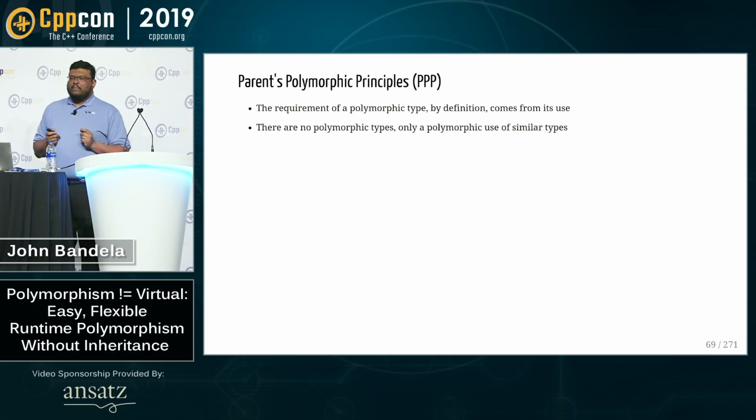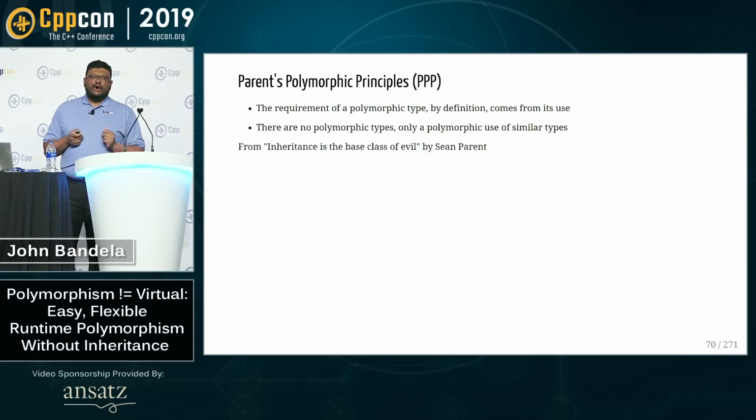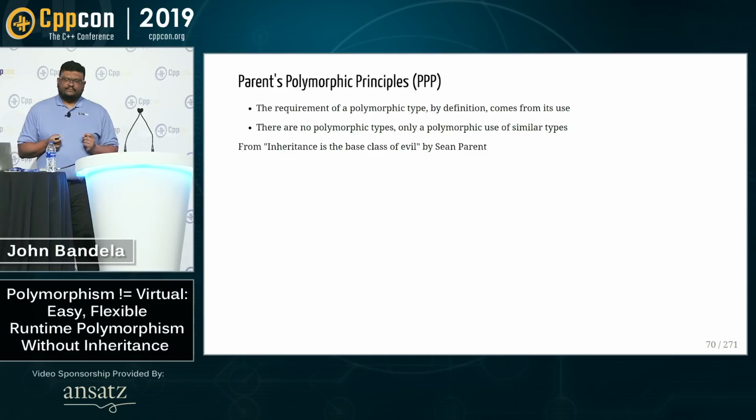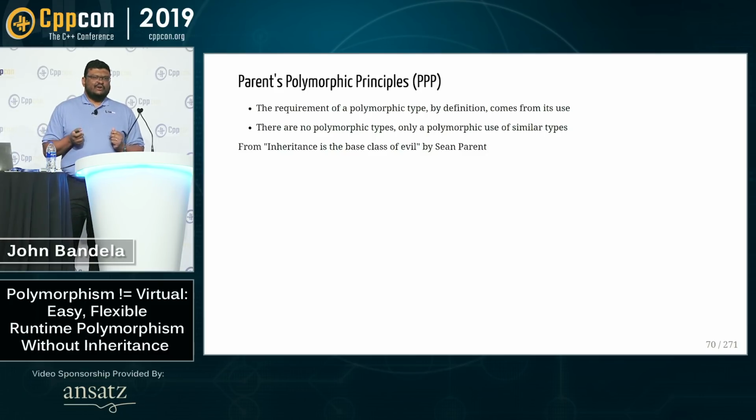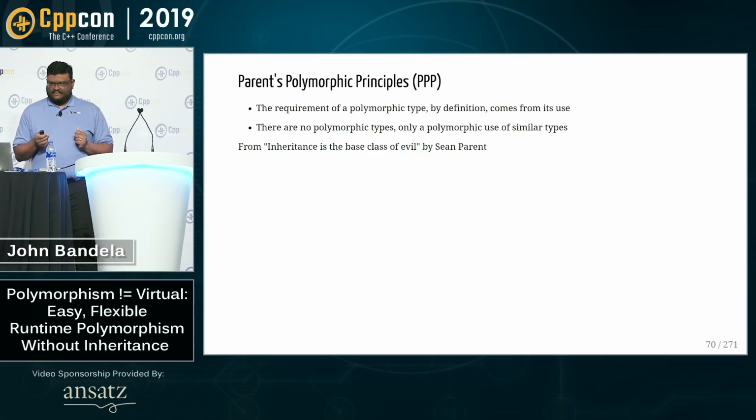And there are no polymorphic types, only a polymorphic use of similar types. Both of these quotes are from Inheritance is the Base Class of Evil by Sean Parent. So if you're watching on YouTube, if you haven't seen that video, search for it and watch it. It will open your mind to a new way of thinking about stuff.